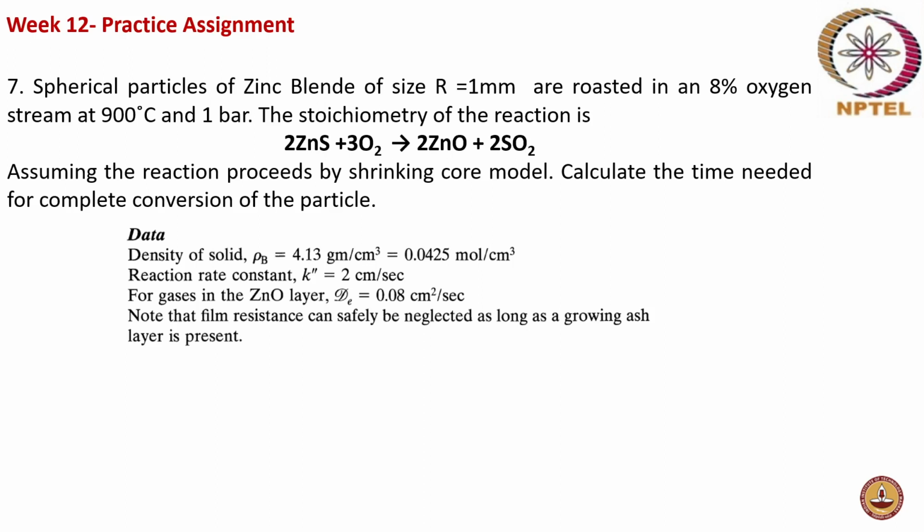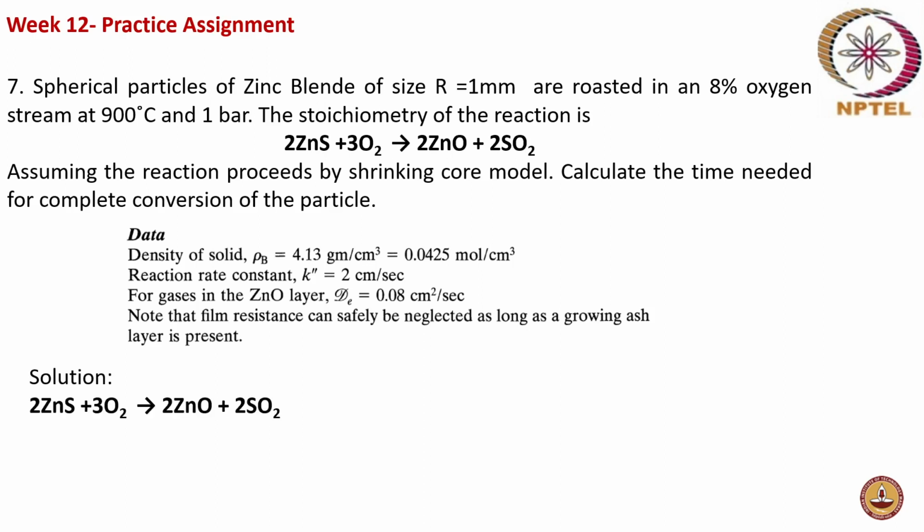For gases in the ZnO layer, the effective diffusivity is 0.08 centimeter square per second. They have also given the information that the film resistance can be safely neglected as long as a growing ash layer is present. Okay, now let's proceed to see how this question is to be solved.